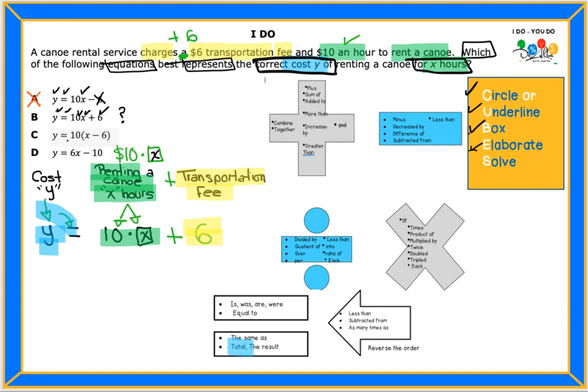They have Y equal, then they have a 10 that distributes over other values. I'm gonna rewrite this one, because in this way I cannot really tell. So I'm gonna distribute that 10 with the X, and then this 10 with the 6, and they are multiplying. If I multiply 10 times X, I'm gonna have 10X.